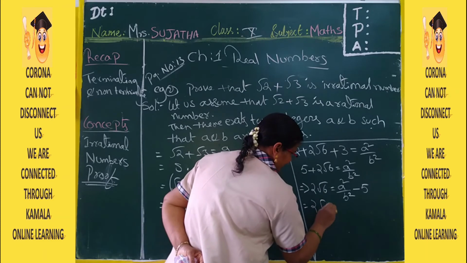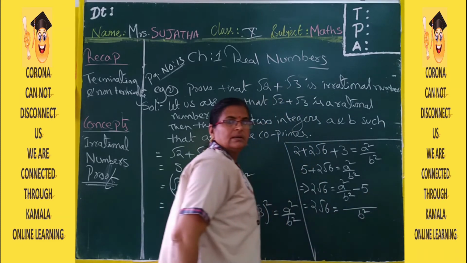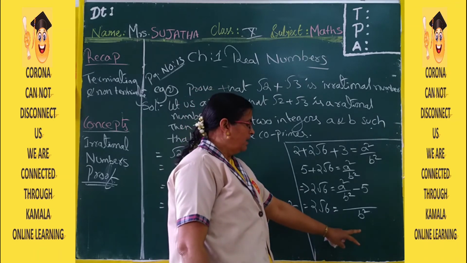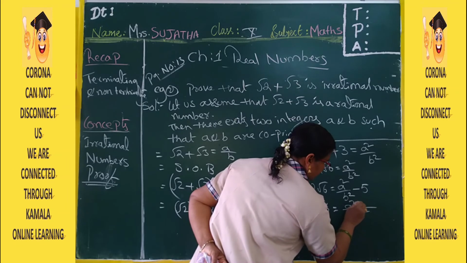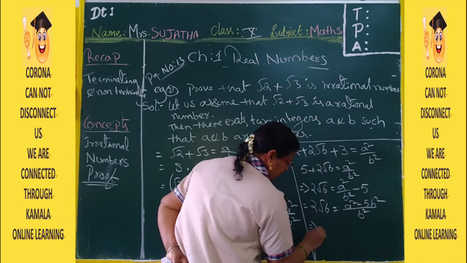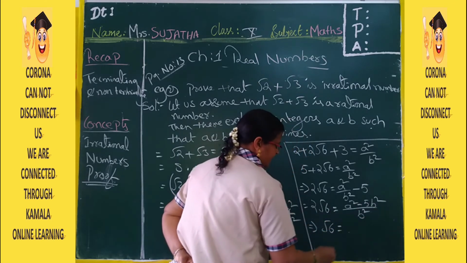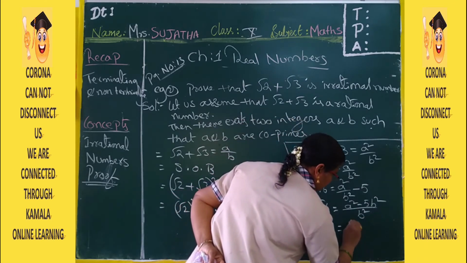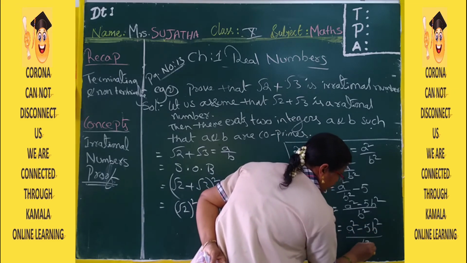Take b square as the LCM: a square minus 5b square by b square.